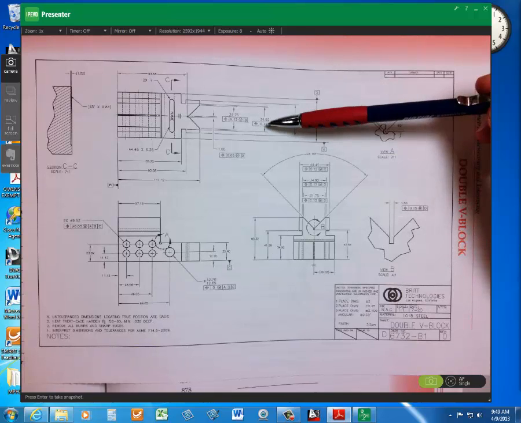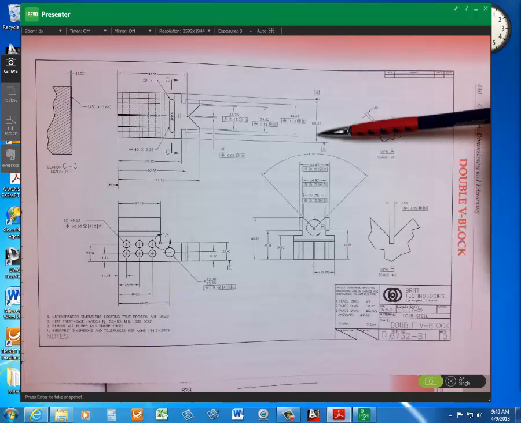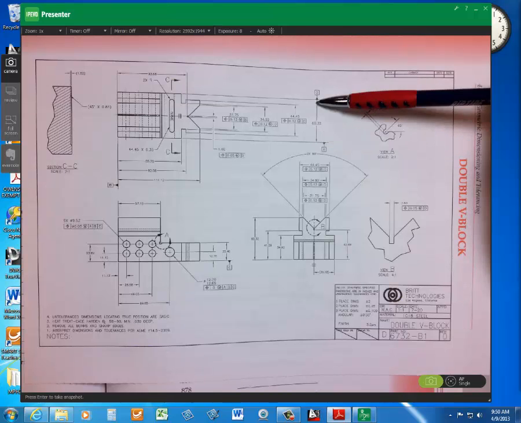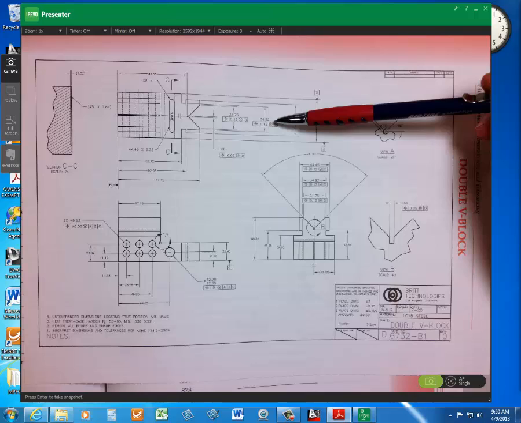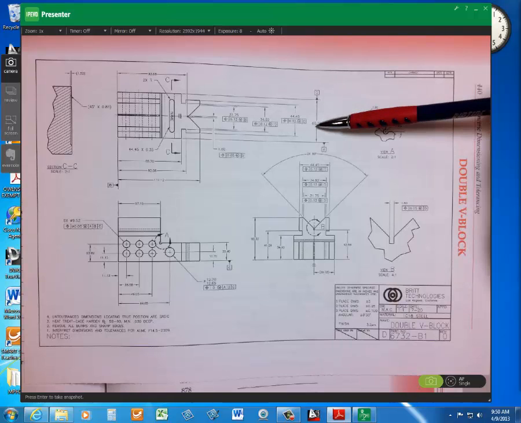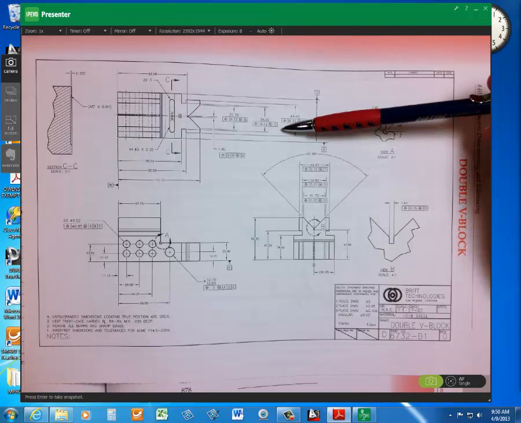It's a center plane relationship since this measurement is referencing D. D is a center plane datum, so this measurement has to be on center with this one. So true position exists when the center plane of the feature and the datum center plane line up.